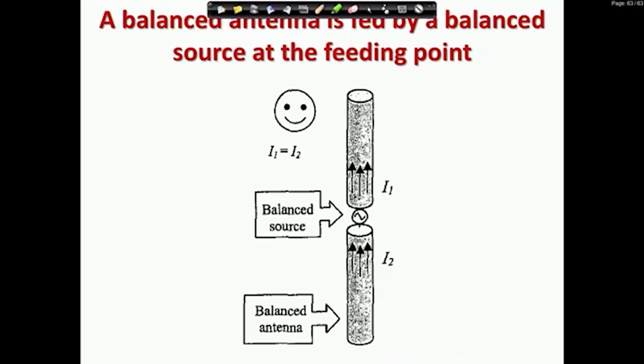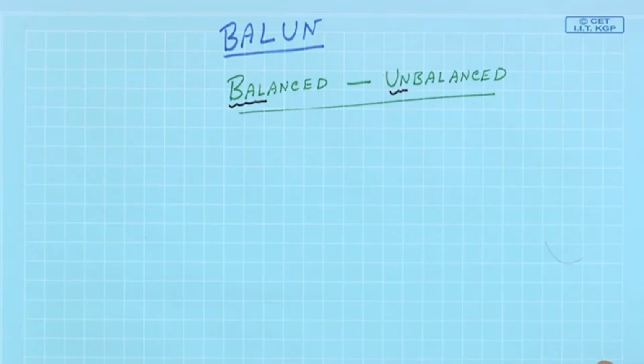What is the need of this Balun? Actually, a balanced antenna usually has at least one symmetry plane which can be grounded due to the symmetric structure. For example, a dipole antenna has a symmetry plane.